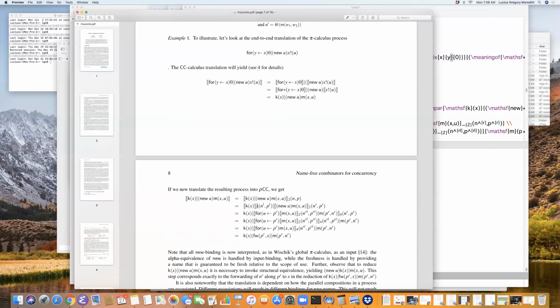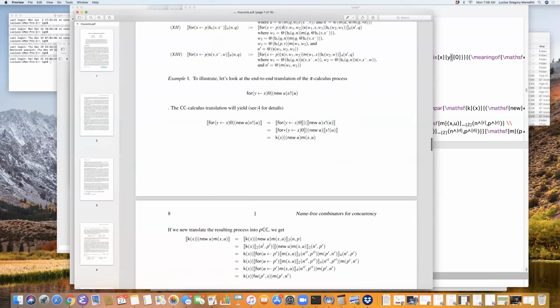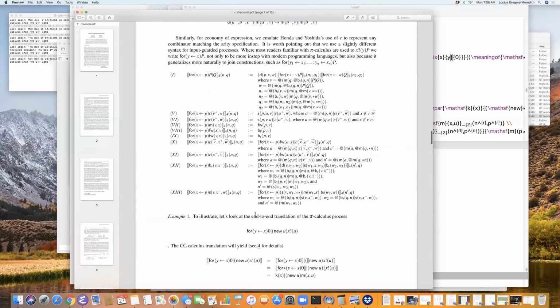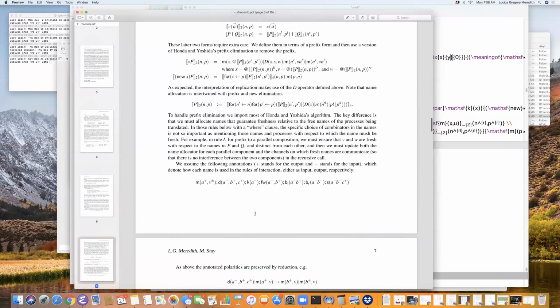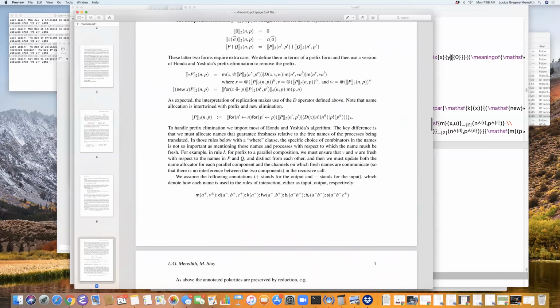And this thing just goes to the K of X. And then the new turns into a for comprehension, which is right here. So new becomes a for, and essentially all we're doing is sending the fresh name down the channel P, and then we're going to wait for P on P for that fresh name. So that's essentially what we're doing, and then we translate the body inside.